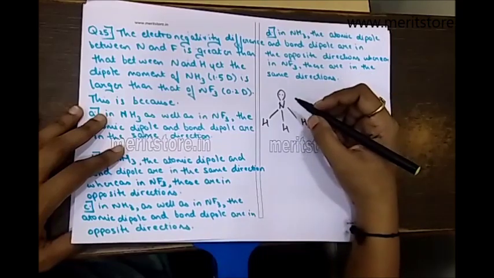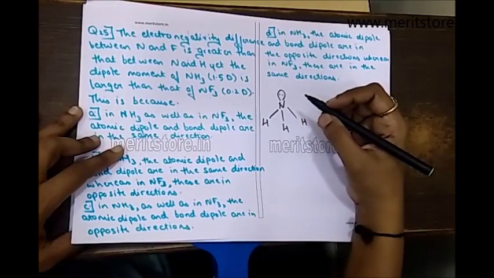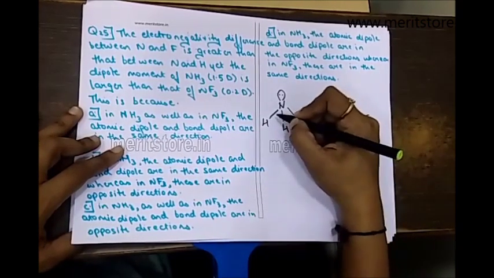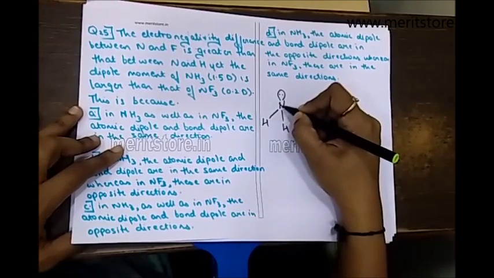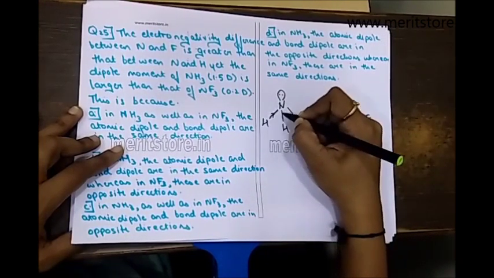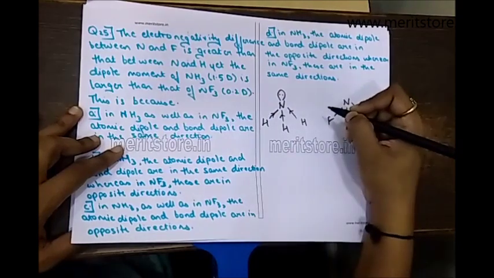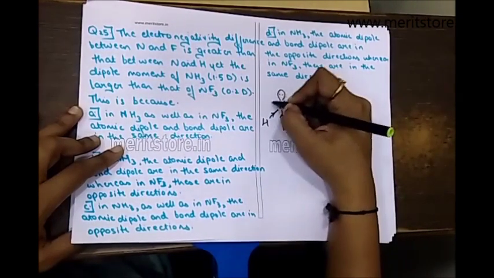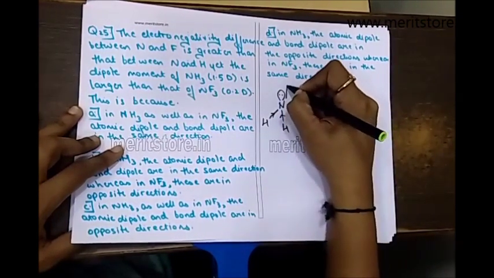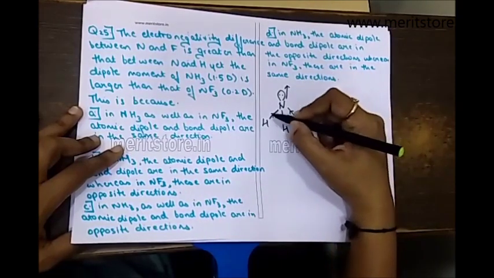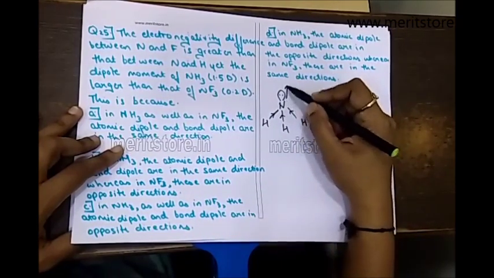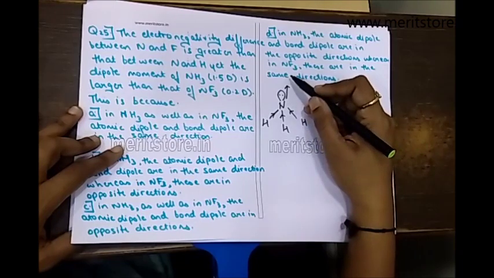Now when I talk about the dipole moment, in the bond dipole between hydrogen and nitrogen, nitrogen is electronegative, so the electron pull is towards the nitrogen, while the atomic dipole (lone pair) will be outside. So the bond dipole and the atomic dipole are in the same direction.